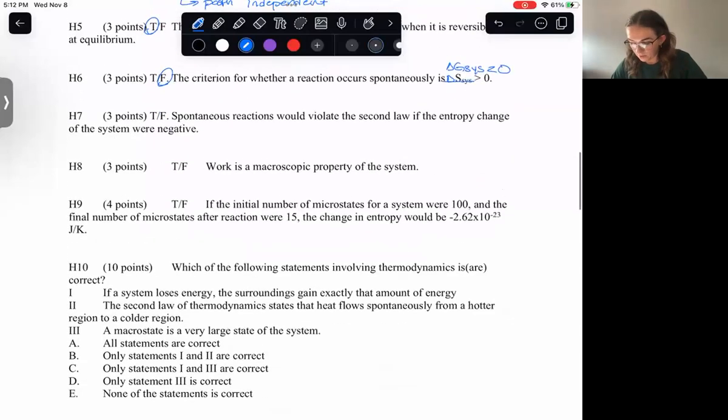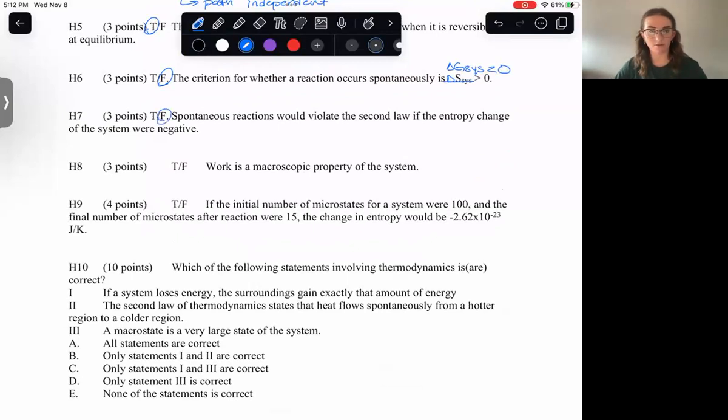Okay. Question 7. Spontaneous reactions would violate the second law if the entropy change of the system were negative. Question 7 going to be true or false? Good. Question 7 is false.